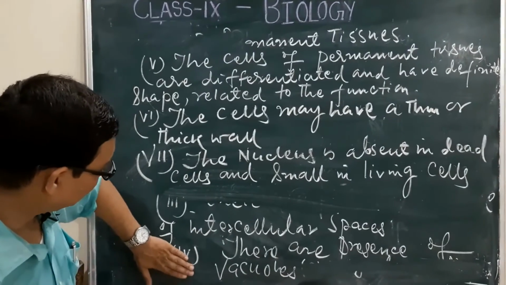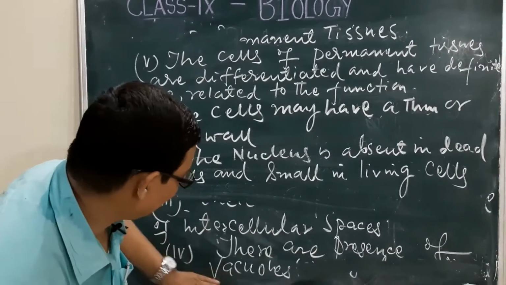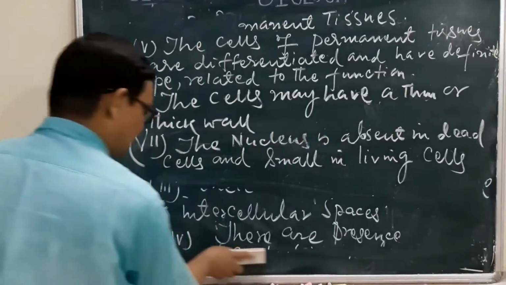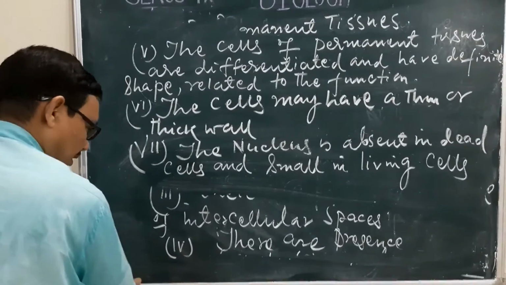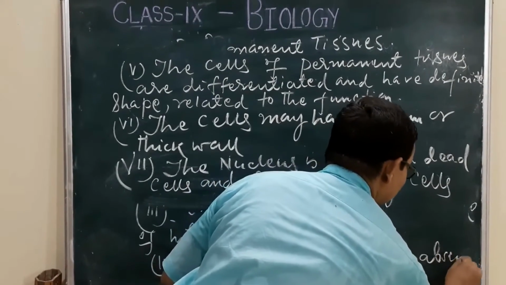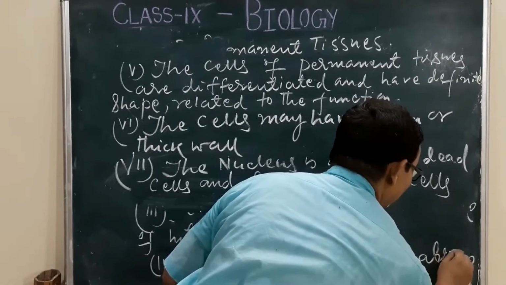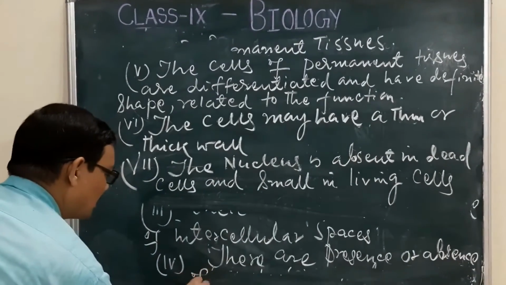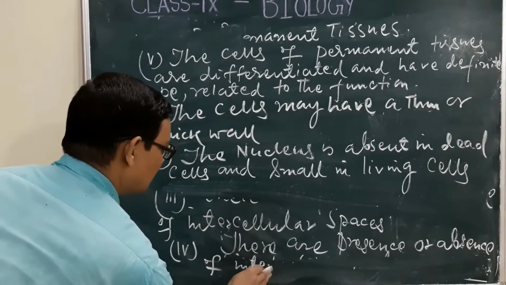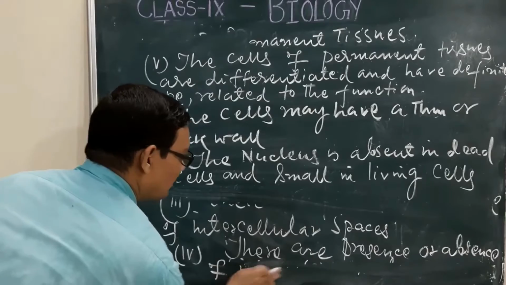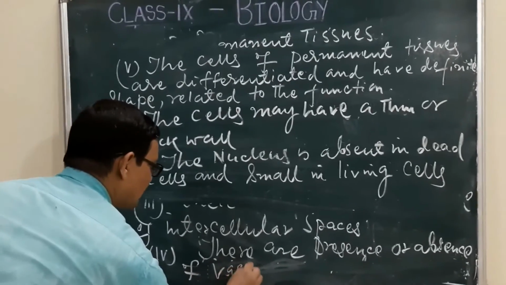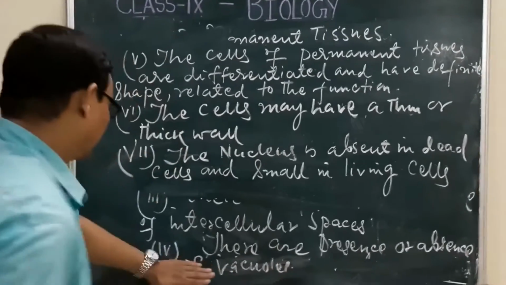Now, number four, there is presence of vacuoles. Sorry, there is a mistake here. Regarding vacuoles, we are talking about vacuoles. So, there is presence or absence of vacuoles. So, this is number four.